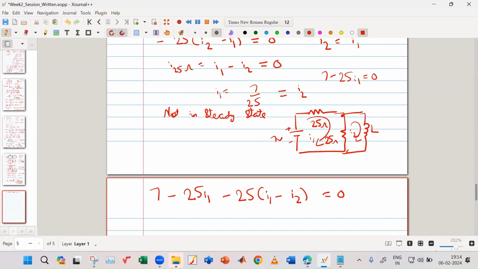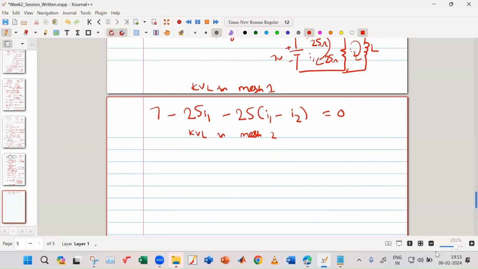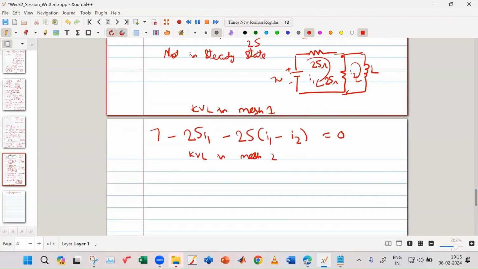Yes, sir. Now I will apply KVL in mesh 2. I'm going from here to here, so I will get minus 25 into I2 minus I1.